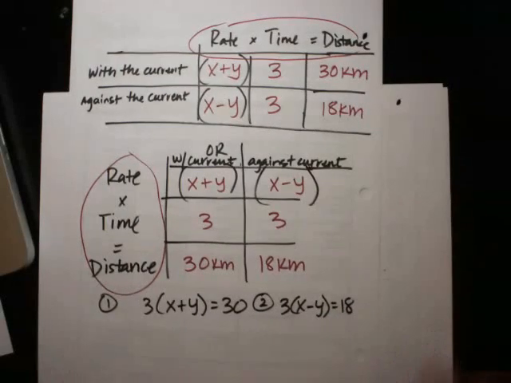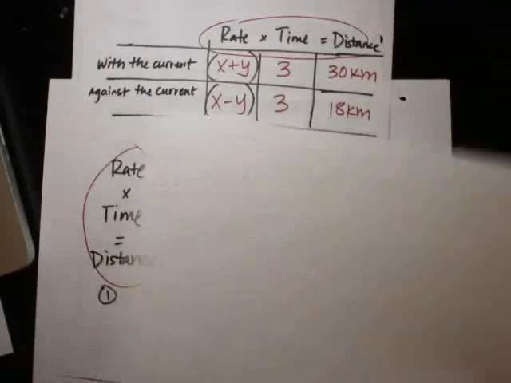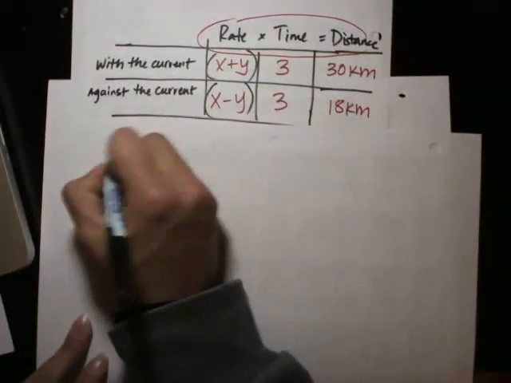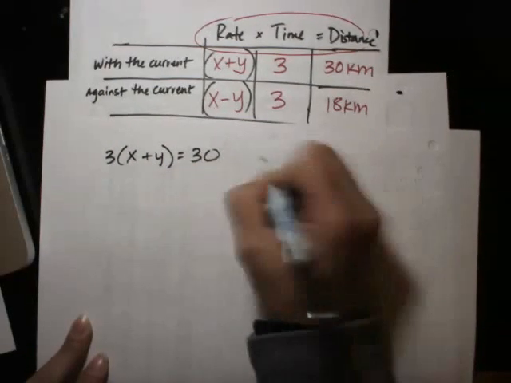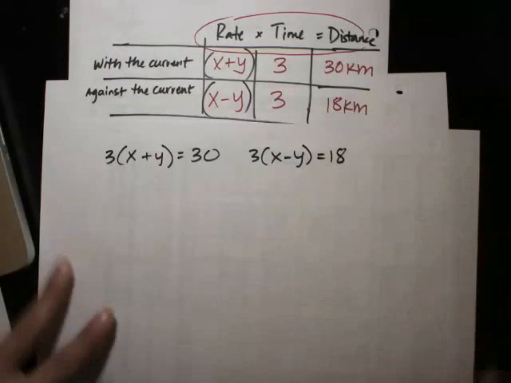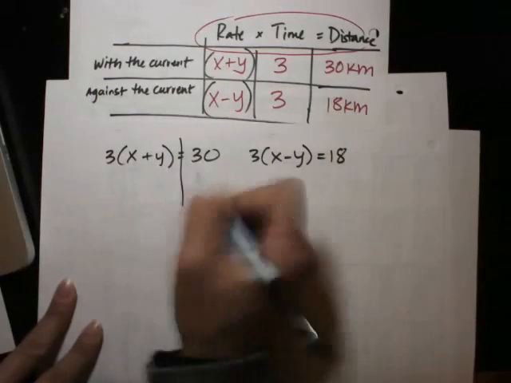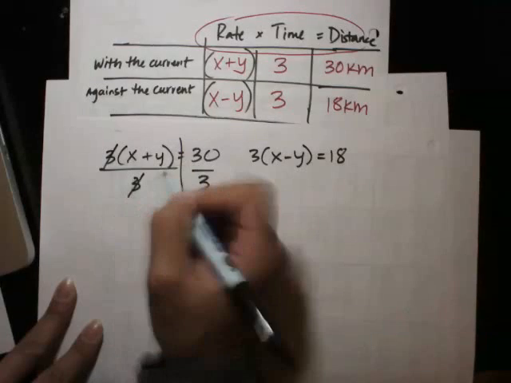I'm going to use this same trick to solve, but I need some more paper. So let's try this up here. First equation, 3 times x plus y equals 30, and 3 times x minus y equals 18 is my other equation. I'm going to draw my wall, divide by 3, so that cancels out because these are factors.